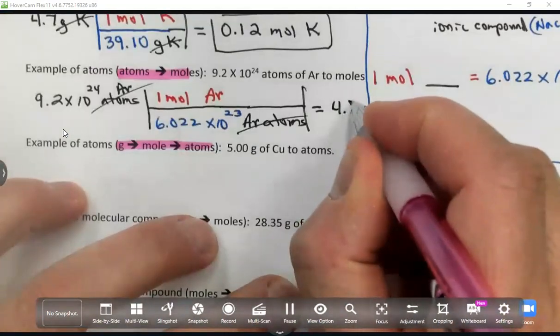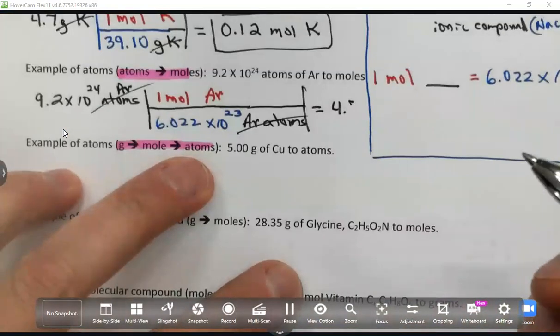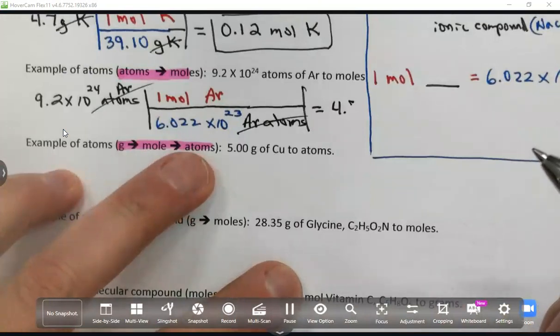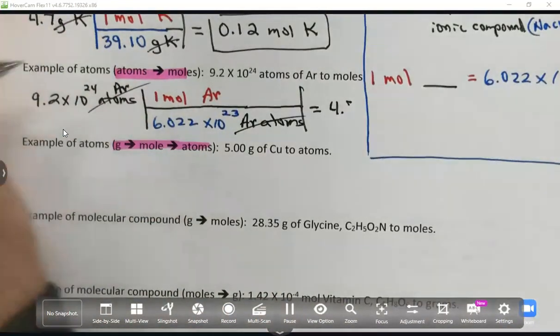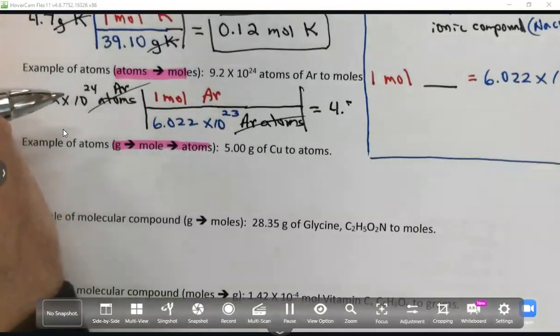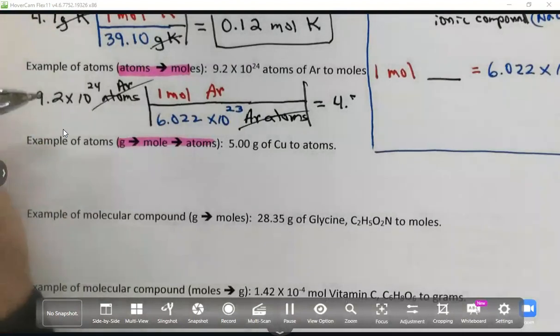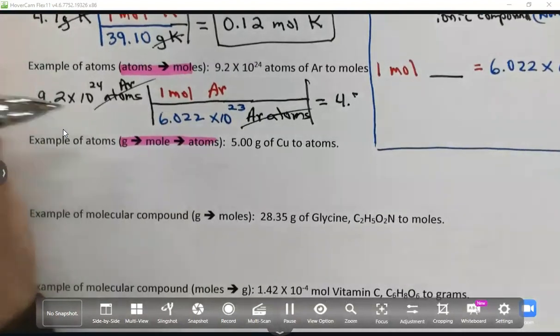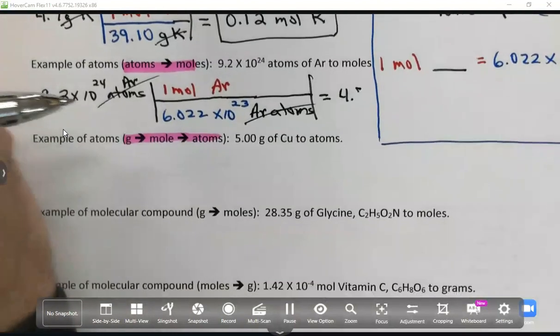No, not 0.037 grams. No. Yeah, what do we get for this? I changed the problem here. I better punch the dang thing in. I changed the problem previously. 9.2 to the 24 divided by 6.022 to the 23.